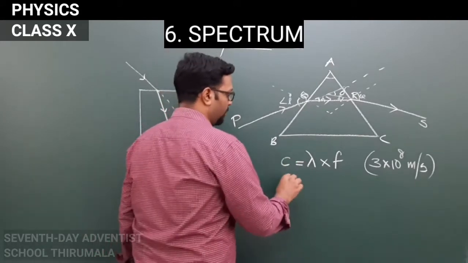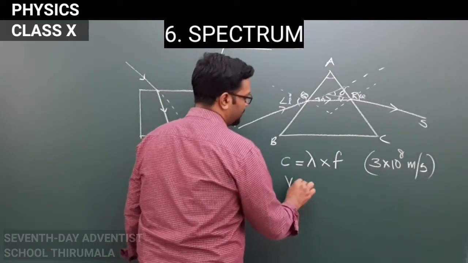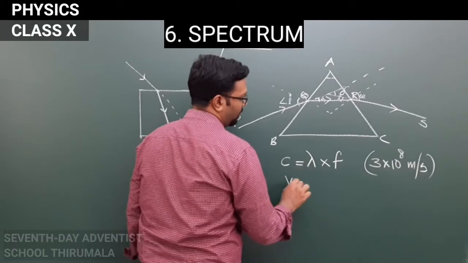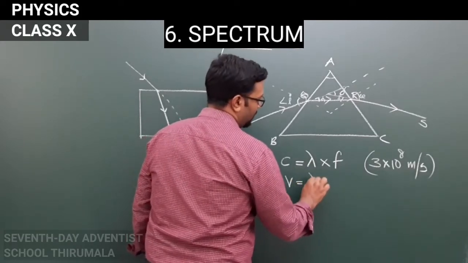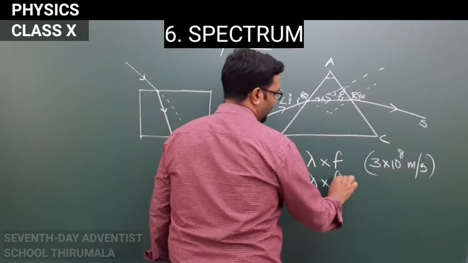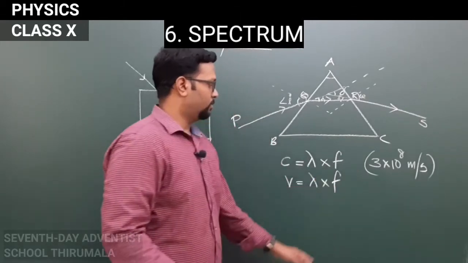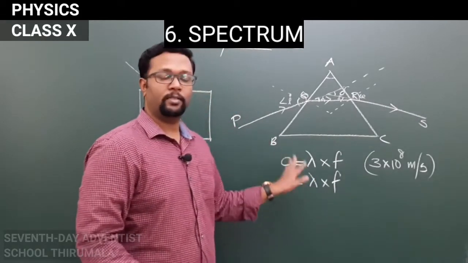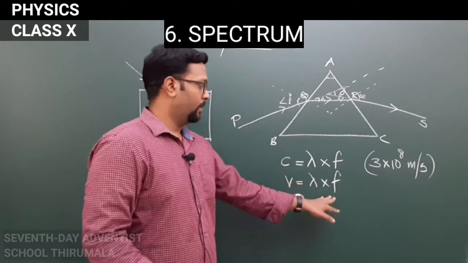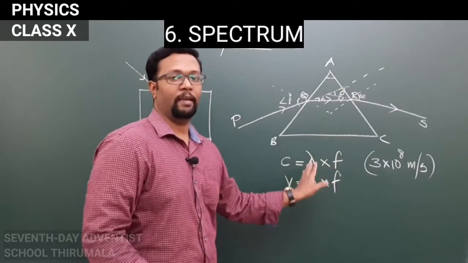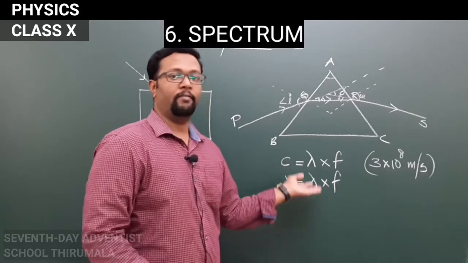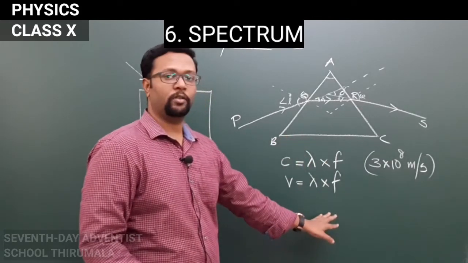When it is traveling through a medium, instead of C, we represent it with V. Velocity is represented by V, which is wavelength into frequency. So, if velocity remains constant, then if frequency increases, wavelength should decrease. If wavelength increases, then frequency should decrease.